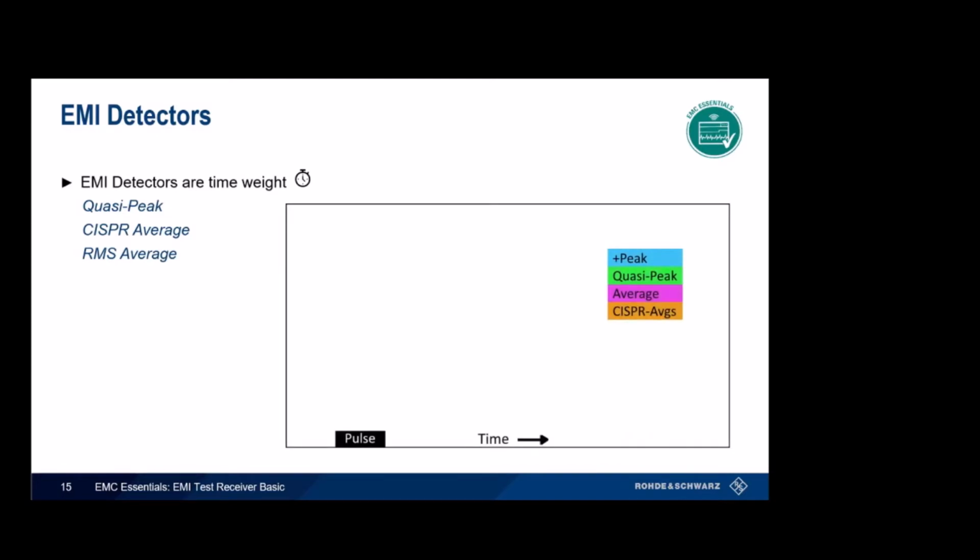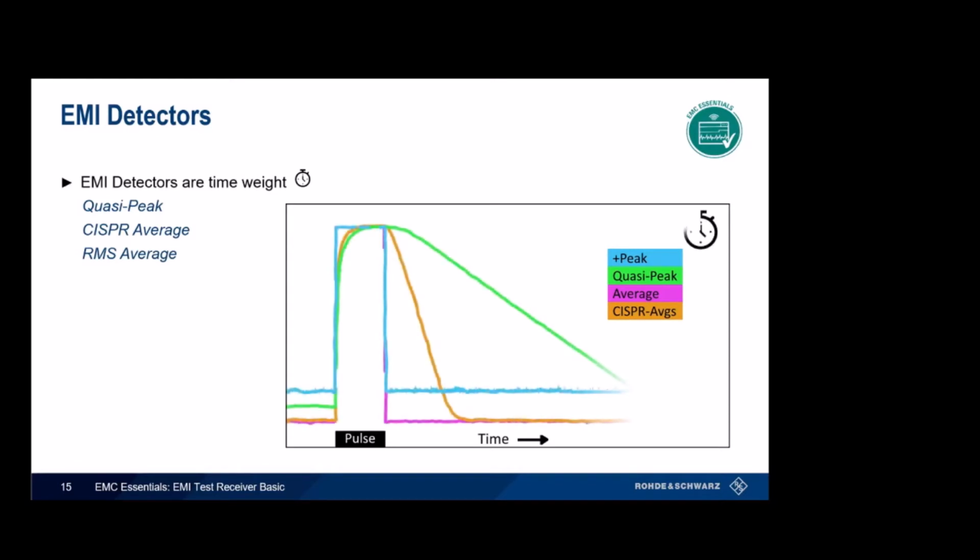Let's look at how these detectors act over time. Here's a graph of the detector's output versus time, where we'll present only a short burst of pulsed energy. Notice how the detectors changed over time. At the start of the pulse, the EMI detectors didn't report the full power.